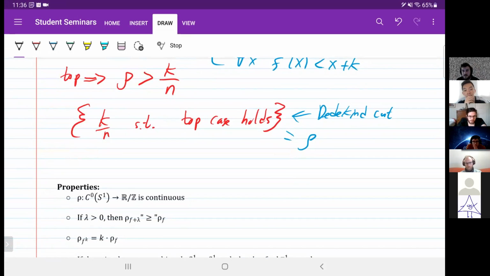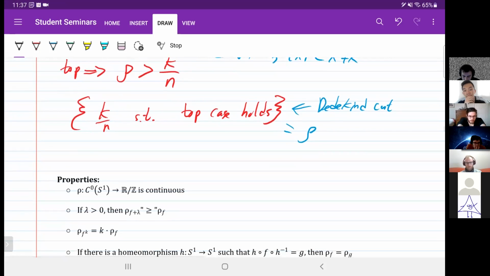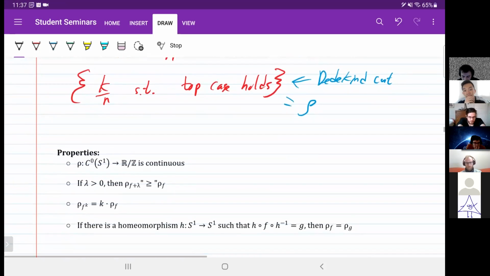Third, this rotation number represents the average amount you go around the circle per time you apply F. So if instead of applying F one time, I apply it K times, I should go around K times as much. And this is true. The rotation number of applying a map K times is K times the rotation number of the same thing.